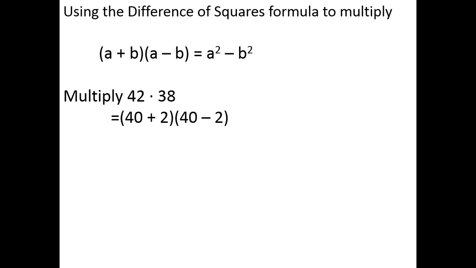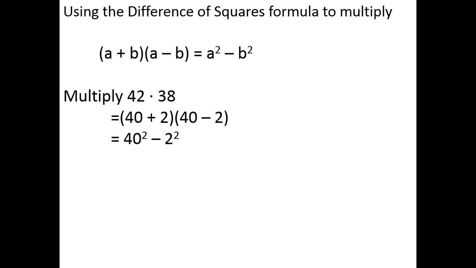And once we do that, we can see that we've got that same number pattern that exists in our difference of squares formula, where 40 is acting like the A and 2 is acting like the B. So that means we can rewrite this as 40 squared minus 2 squared.